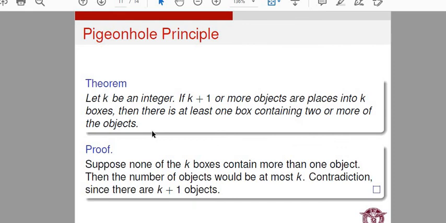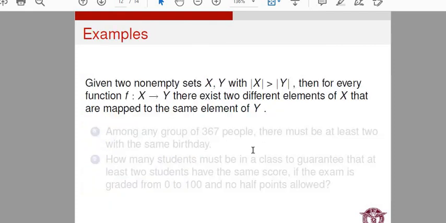Proof here. Suppose that none of the k boxes contains more than one object, then the total number of objects would be at most k, and we have a contradiction since there are k plus 1 objects. Okay. So take now the examples.